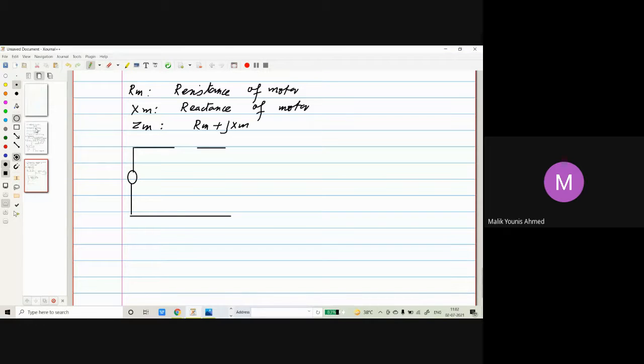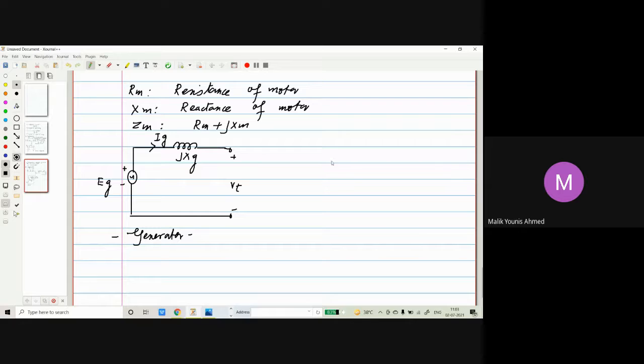So for a lossless line, this is the terminal voltage. We know this already. This is generator reactance. Ig is the current flowing through the generator. And this is the excitation of the generator, Eg, plus minus. So this is for generator.